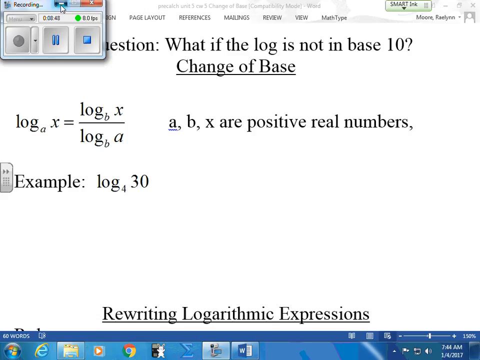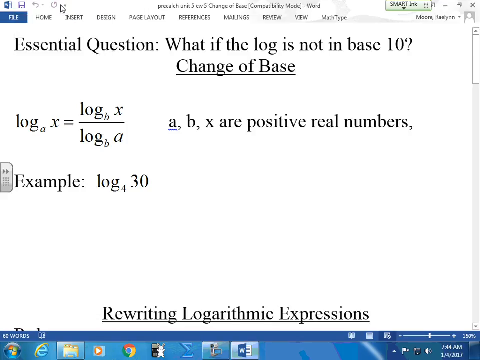And you do have your nifty little calculator thing, but if you have to do this without using that little extra piece, just draw a line like this. And you're changing base 4 to base 10. Because your calculator, when you see the little log button, is base 10. So if you're going to be able to use that, and you don't have that change of base ability in there, you just change this to a base 10.